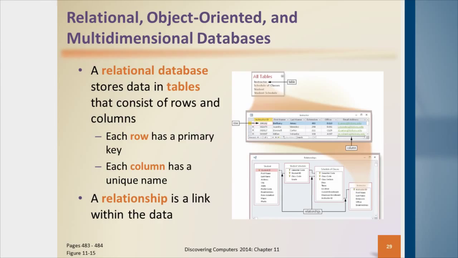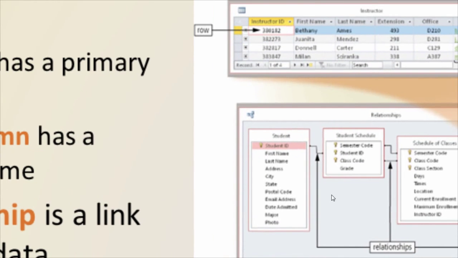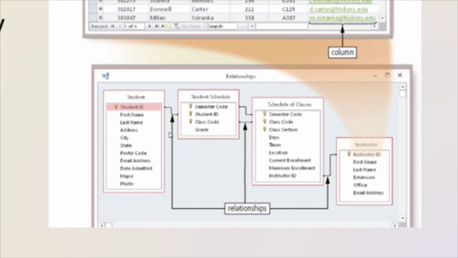We need to be able to relate tables to one another, so that's where the concept of a relationship comes into play. I know it's probably a little difficult to see here, I'll zoom in. But we'll see we've got a relationship between, say, the student and the student's schedule.